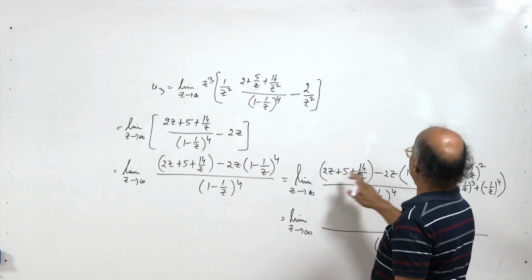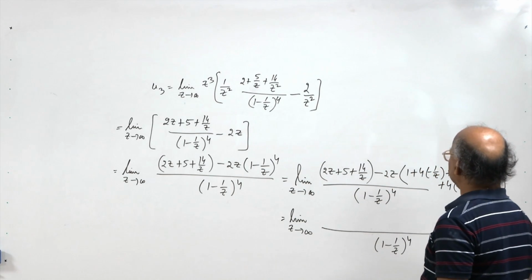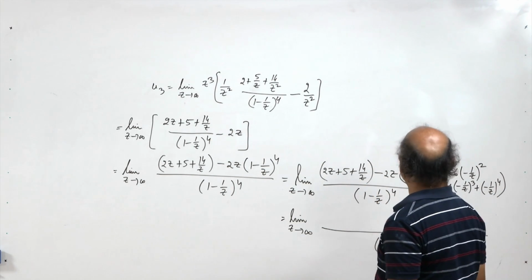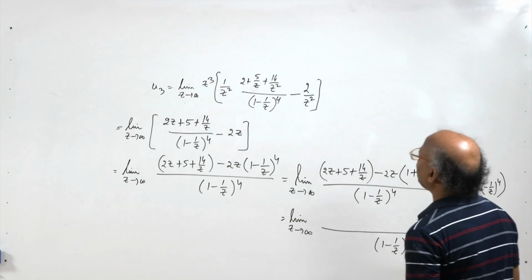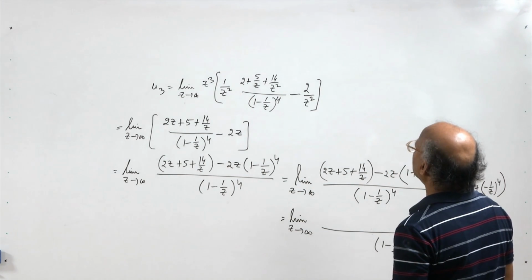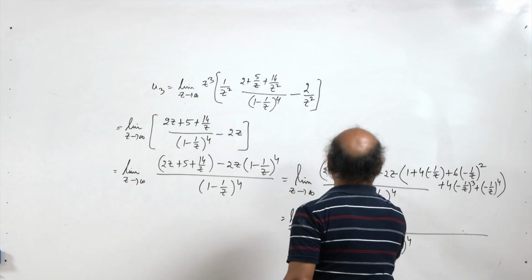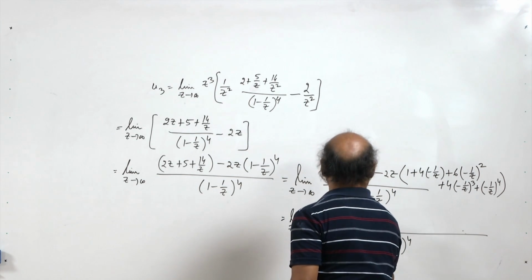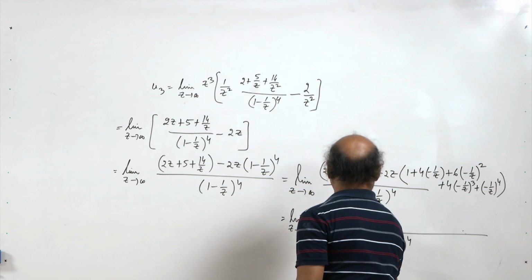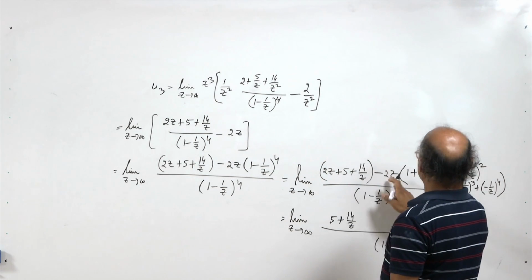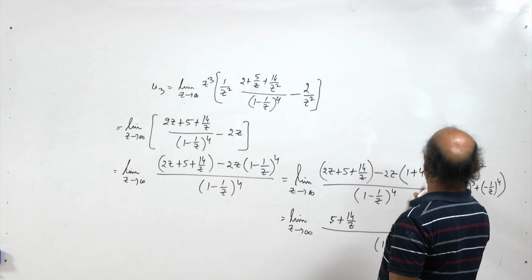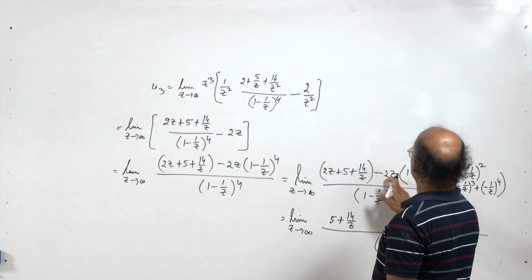Now, we can see when you multiply 2z here, and what then happens? So, 2z minus 2z, 2z cancel out, we have then 5 plus 14 by z, okay, and here this z cancels out, we get minus 4 into minus 2.